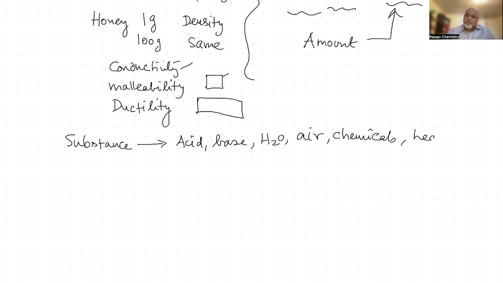How they interact and how they react will tell you whether the substance has a chemical reaction. So that can easily tell us what this is.